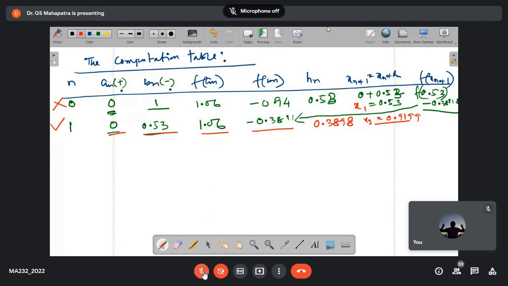Visible now? Yeah. So x2 is now 0.9198. No need to write x2, you just write the data only. Correct? Fine. So for that x2, is it negative or positive?